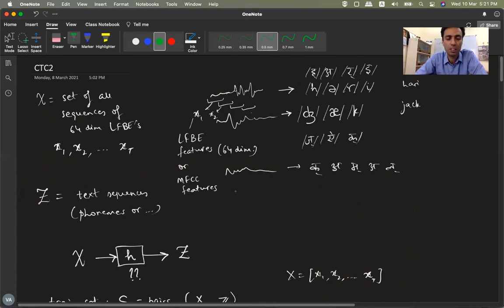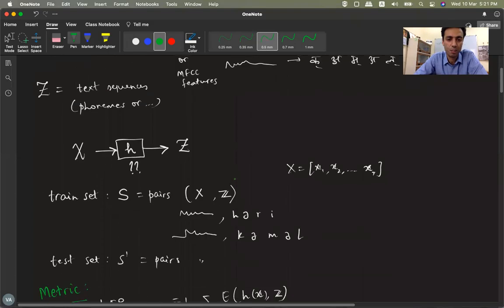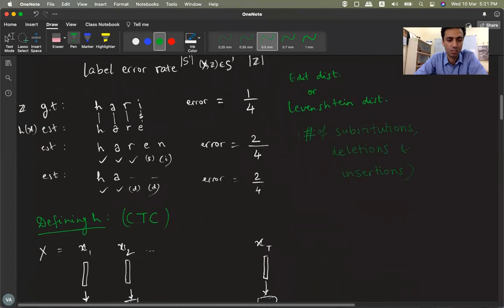So we map each window to a categorical distribution, and then we use a sequence to sequence model, like a hidden Markov model, to string them into corresponding phonemes or words, right? But in CTC, we don't use HMMs. We just string them using a very simple rule, which you saw.